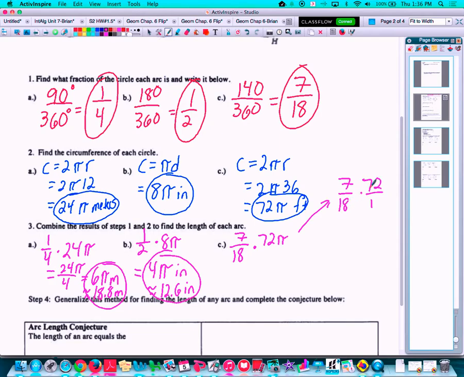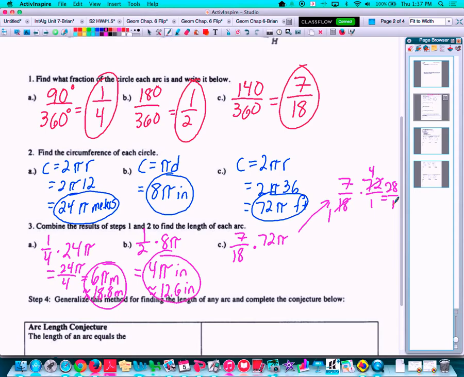I can see, all right, 18 goes into 72 4 times. 18 goes into 18 1 time. Is there anything else that can be reduced in the numerator or denominator? Doesn't look like it, so now we can multiply across. 7 times 4 is 28. 1 times 1 on the bottom is 1.